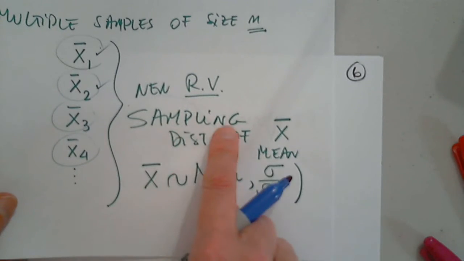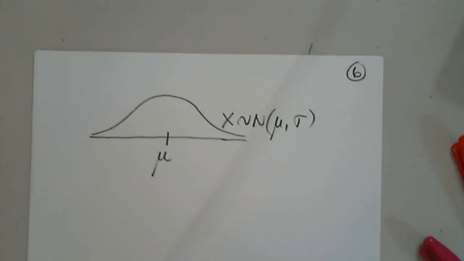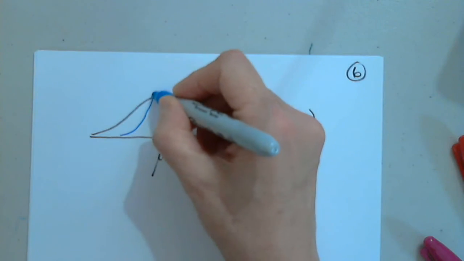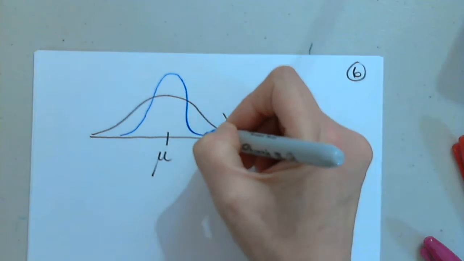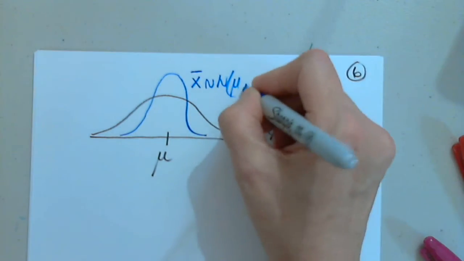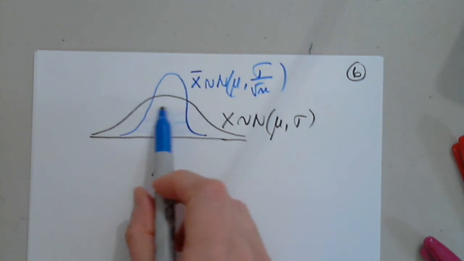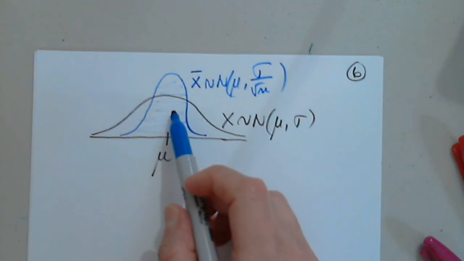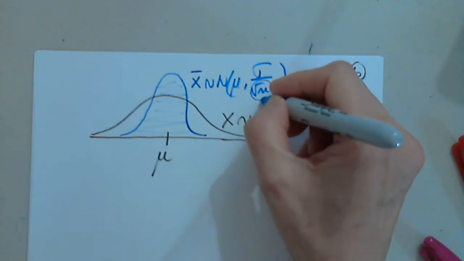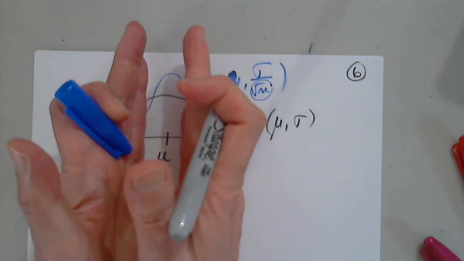It's coming from many samples. The sampling distribution of x bar will look like this. It is normal with mu and sigma over the square root of n, which has much less spread. How much less? Divided by the square root of n. This has this spread and this has this spread.